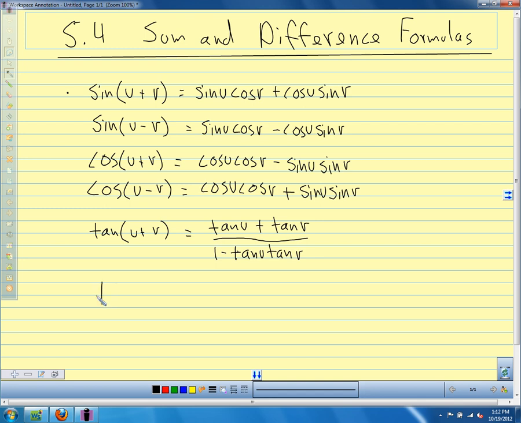And our difference formula is almost the same, just with some signs changed around. Tangent u minus tangent v over 1 plus tangent u tangent v.